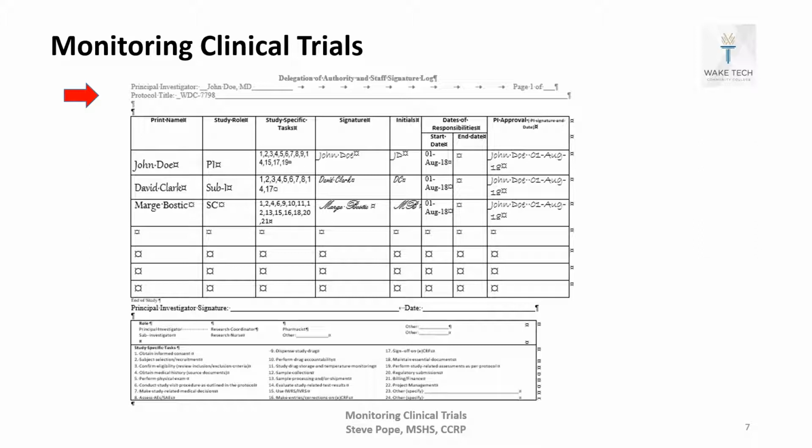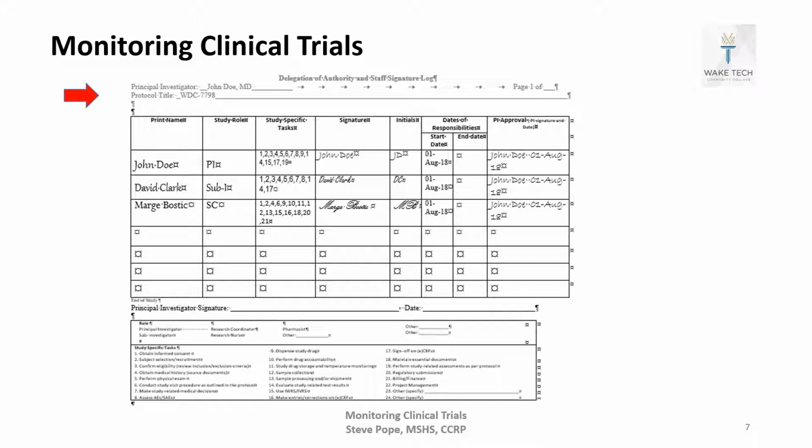So the first thing we notice is the header information, and we see it listed there, duty or delegation of authority and staff signature log. So the header information should contain the name of the principal investigator, and it should also contain the name of the protocol for our study. You should also have a listing for the page.